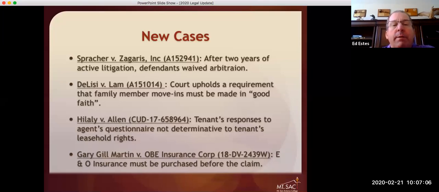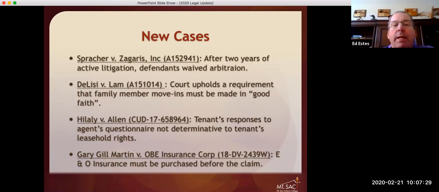The next case, the Halley versus Allen. In this case, and I believe another San Francisco case, a real estate agent went up to the tenant and asked the tenant if a particular parking space belonged to that tenant. And the tenant was elderly and said something to the effect that no, that was not her parking place, when in fact that parking place had been assigned to that particular apartment unit.